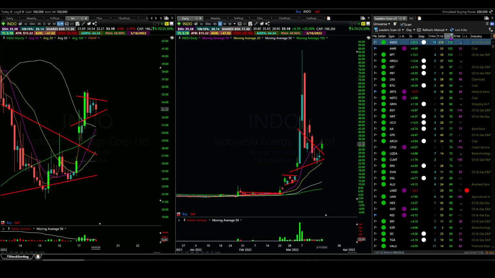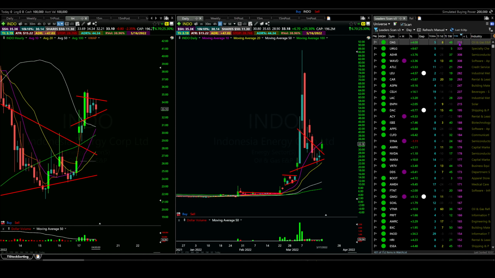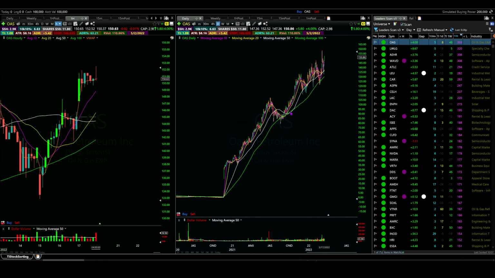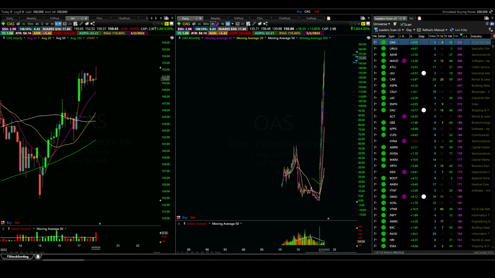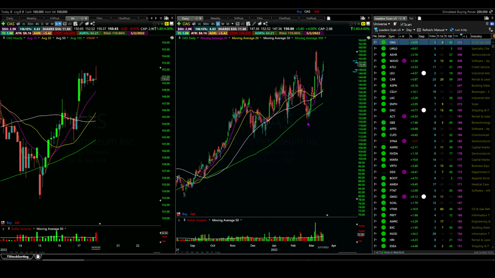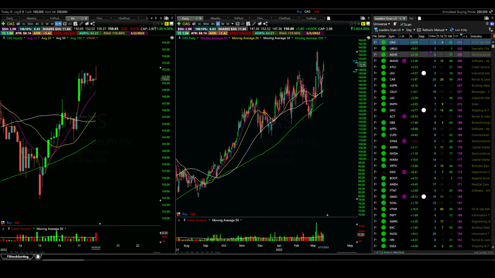If we go to the monthly, for example, this is a higher time frame trend intensity. If you look at this oil and gas name, OAS, you can see very high trend intensity on a very high time frame chart. If I go to the monthly chart, you can see that, all the way down to the 30-minute.